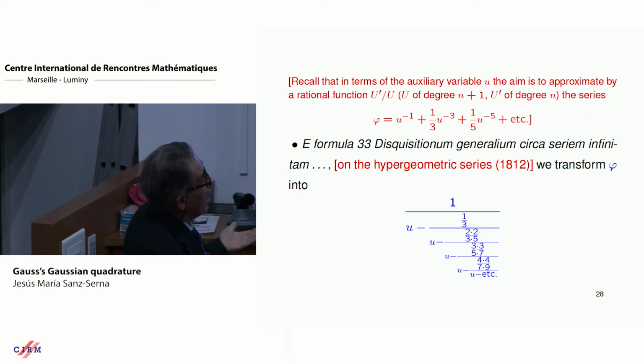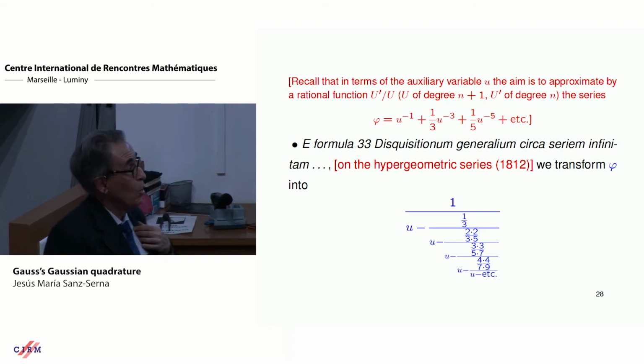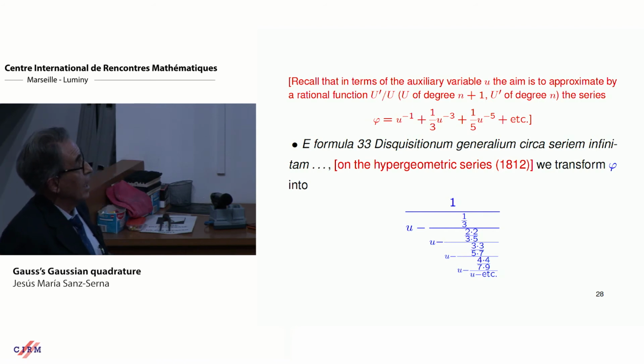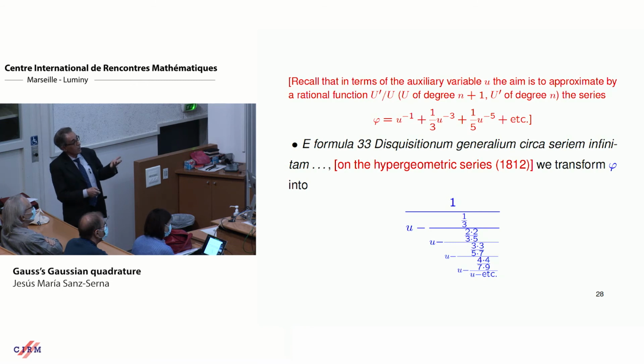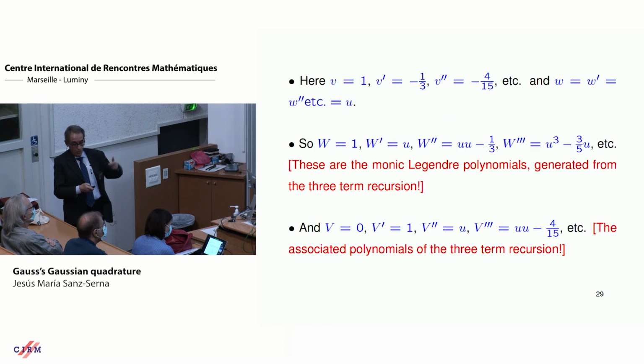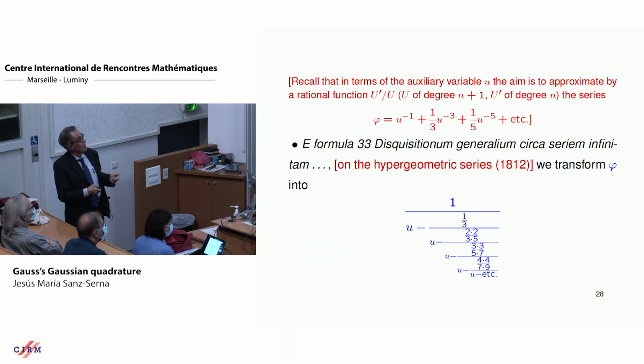So now he quotes himself. He quotes his memoir of 1812, where he introduced the hypergeometric series, and lo and behold, in Formula 33, in that memoir, he had written this continued fraction, and miraculously, this continued fraction, when turned into a series in negative powers of u, is nothing that, oh, sorry, I'm very bad at this.